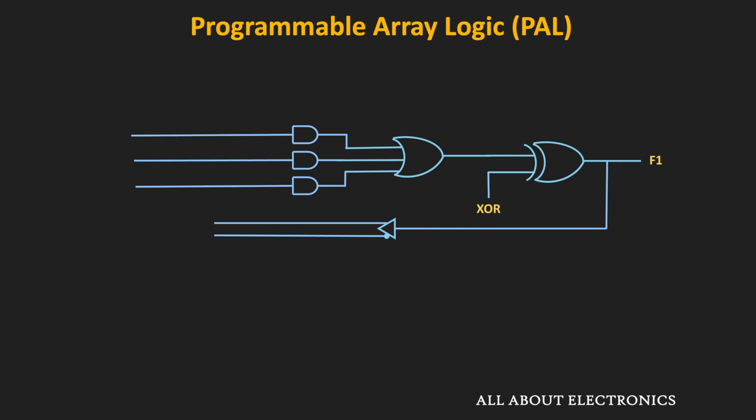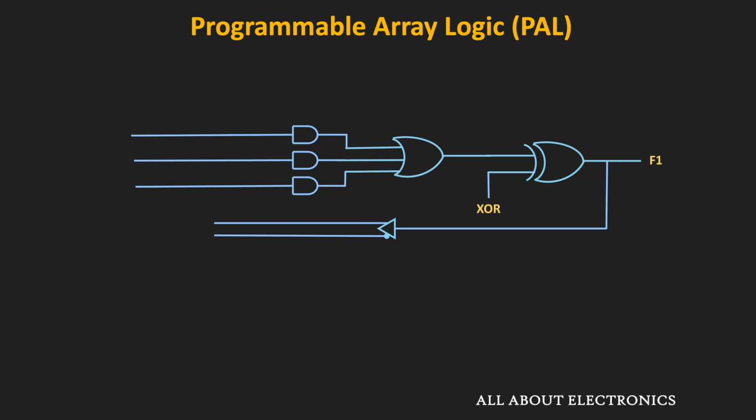For example, using this macrocell, it is possible to generate the output function both in the true form as well as the complemented form. So for that, the output of the OR gate is connected with the XOR gate. And one of the inputs to the XOR gate is programmable.